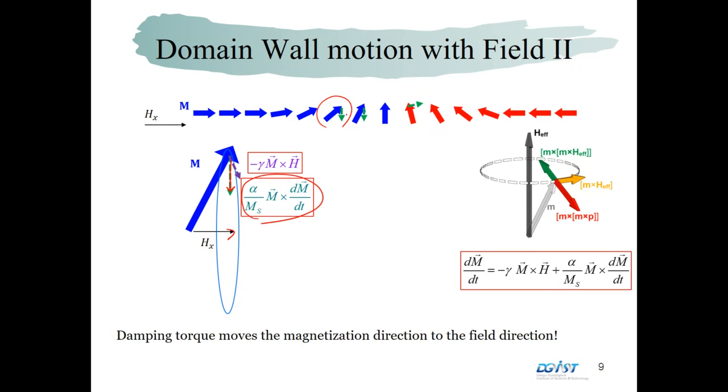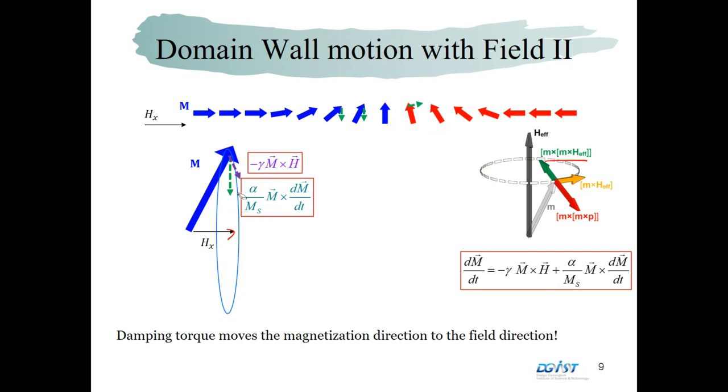So this precession part makes the domain wall precess, not aligned to the field direction, as we already learned. Please remember this graph. With the external magnetic field, the magnetization starts to precess, and this precession doesn't change the energy of the system. Only this damping part can change the energy to the lower part.